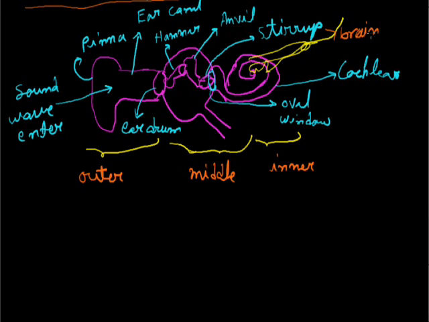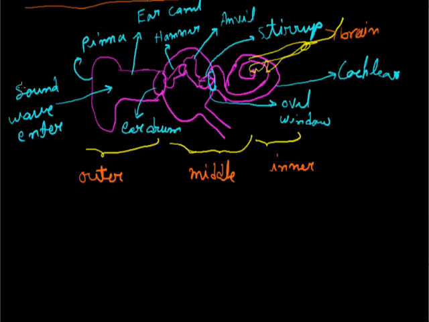Let us see a brief of the parts of the structure and the working of these parts. The parts of the ear which we see outside the head are called the outer ear. The outer ear consists of a broad part called the pinna and a 2 to 3 centimeter long passage called the ear canal.